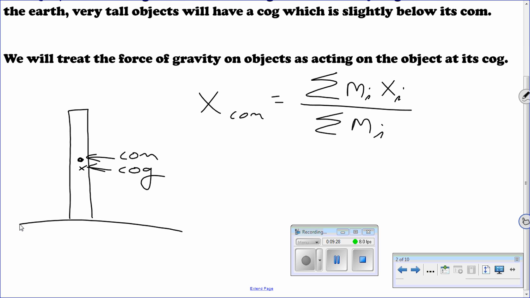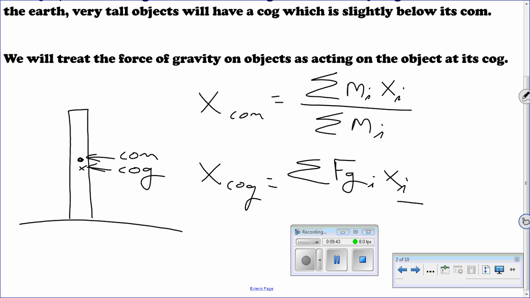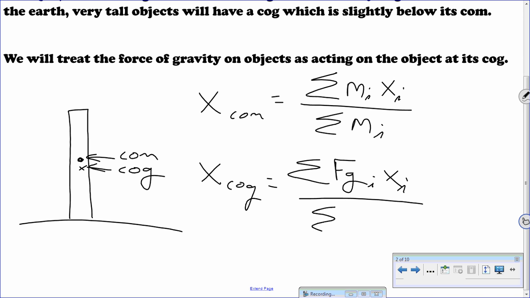So to find the position of your center of gravity, instead of looking at the masses of the particles, you look at the weight of the particles. You would take the sum of the force of gravity on particle i multiplied by the position of particle i, and divide that by the total of all the weights of all of the particles.